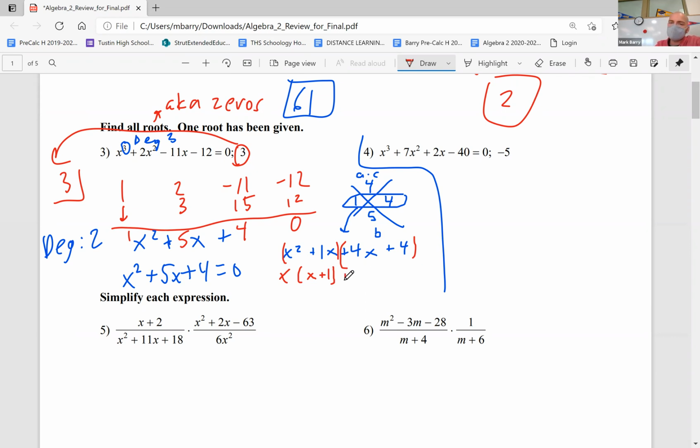I can take out a positive 4, and that leaves me with x plus 1 as well. It's always good news when you do this process and you get the same thing in both parentheses, because that means you probably did it correctly. All right, and so that means we can write this as x plus 4 times x plus 1 equals 0.